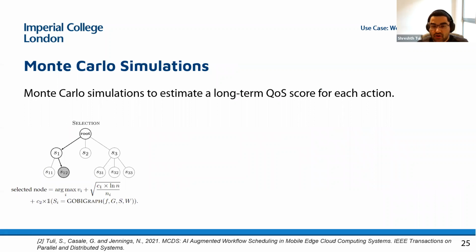So to solve this long-term optimization problem, many reinforcement learning methods have been proposed that try to estimate a so-called value function that aims to achieve the same objective of estimating a long-term QoS estimate of any given system state.